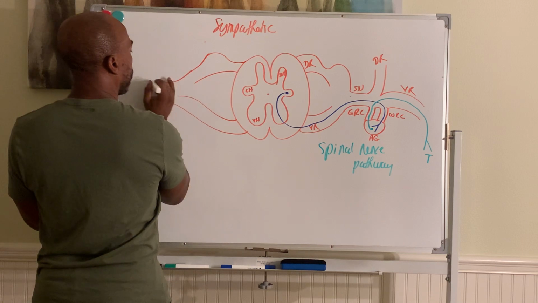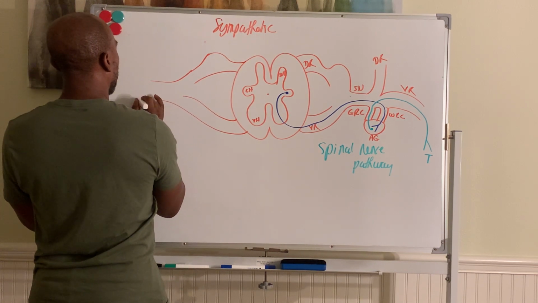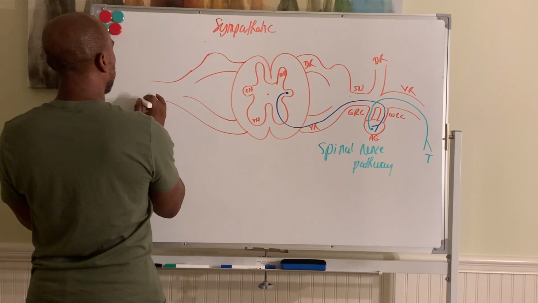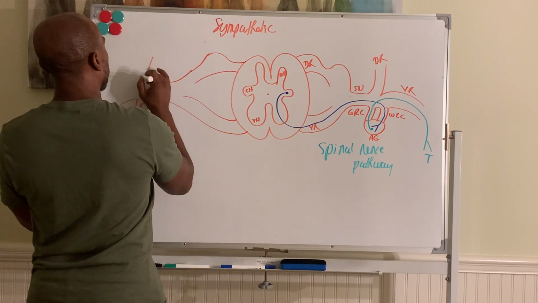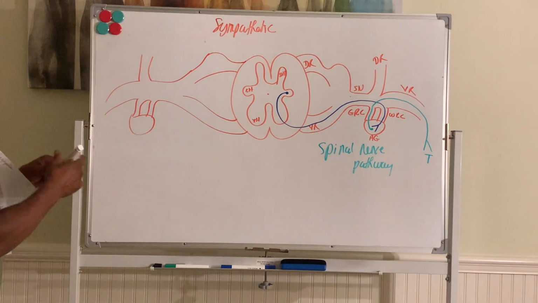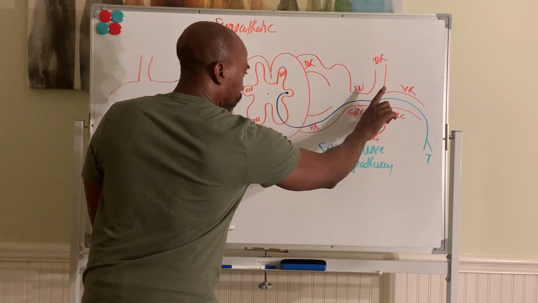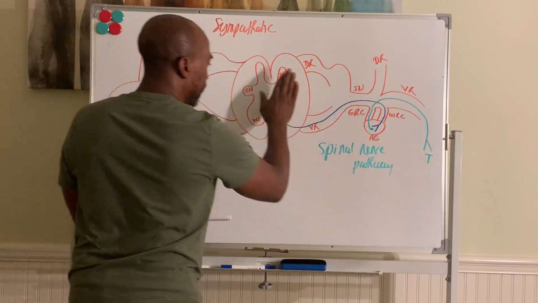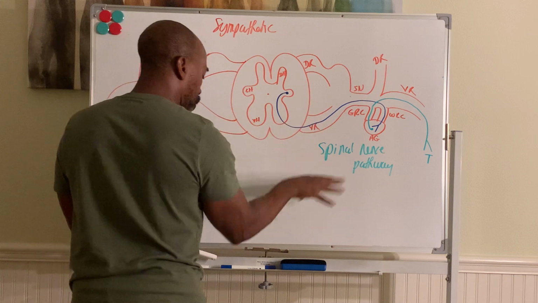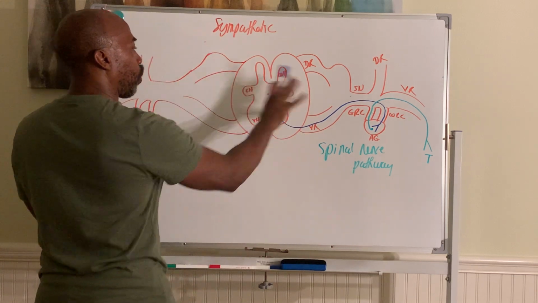Here's the spinal nerve again, and the rami communicantes, like that. Again, this happens on both sides. This will happen on the right side and the left side of the body. It's not just on one side, but just to get faster, I'm going to do it on one side only.